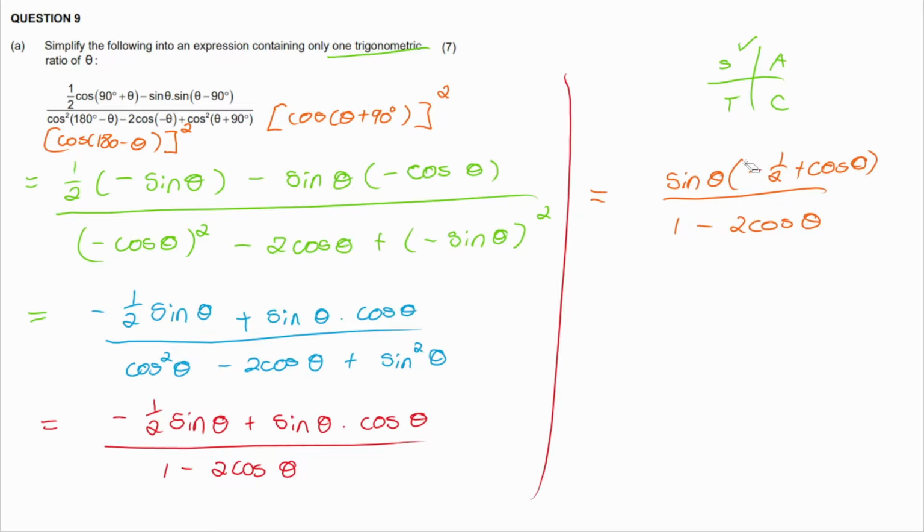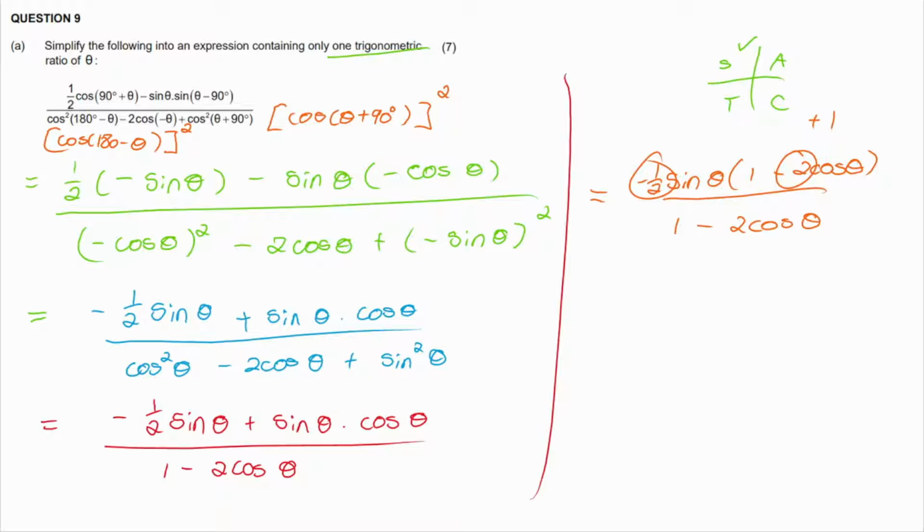So what we should realize is I actually have to take out a -1/2 sine theta, because what I'm left with then is a 1 minus 2 cos theta. If I distribute this, I'll get +1 if I multiply those two together, which is what I had here, +1 in front.